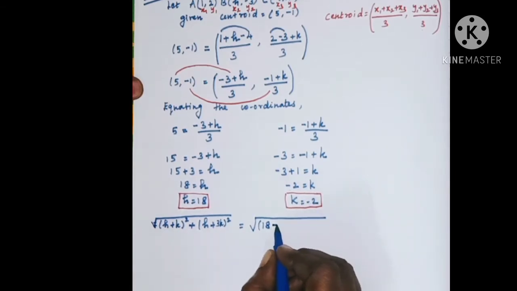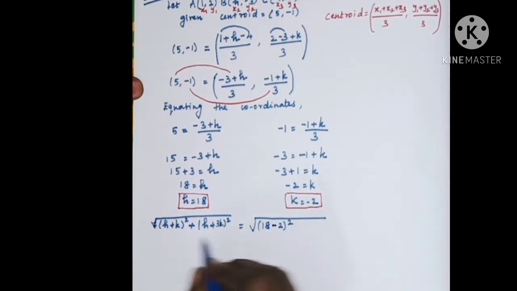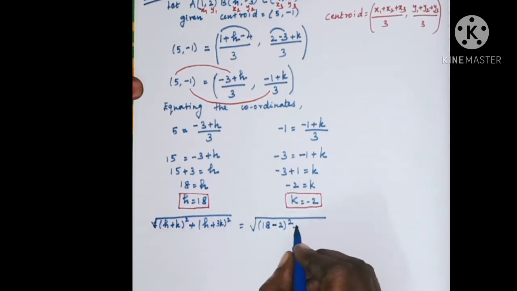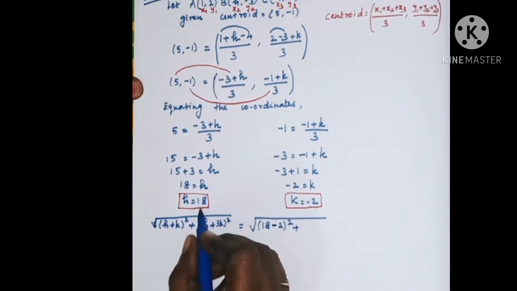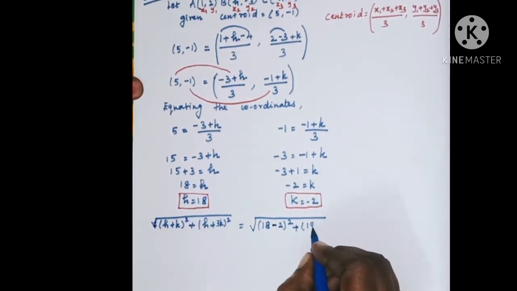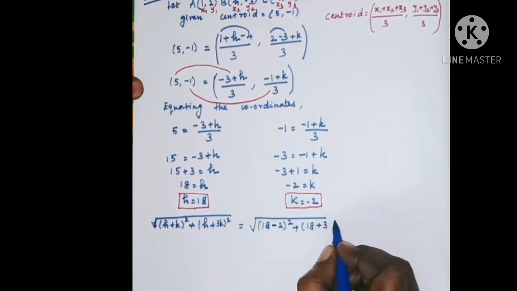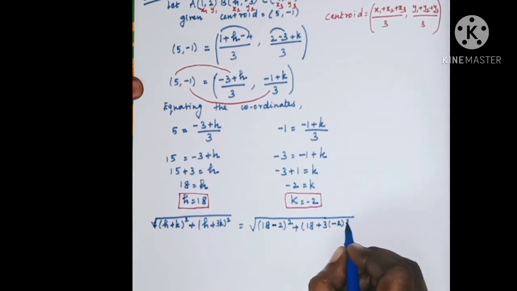So plus into minus will become minus: (18 minus 2) the whole square plus, what is the h value? h is 18 again, plus 3 into the k value, minus 2, the whole square.